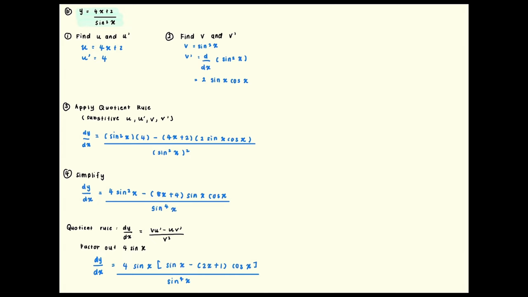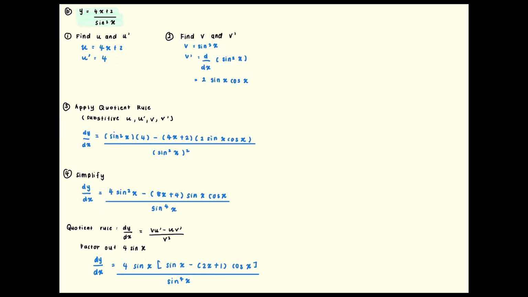We plug in v times u prime, giving us sin^2(x) multiplied by 4. Then we subtract u times v prime, which gives us (4x + 2) multiplied by 2 sin x cos x. All of this goes over our denominator squared, which is (sin^2(x))^2.